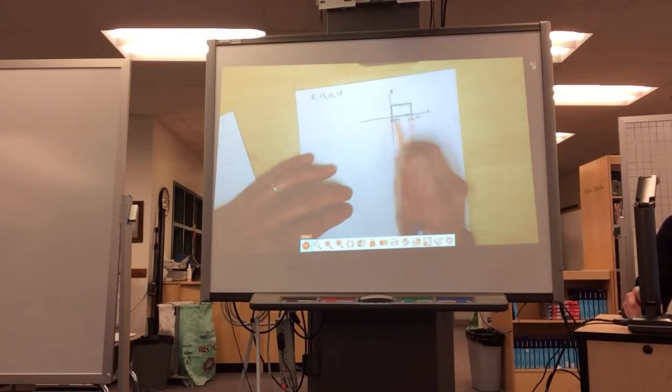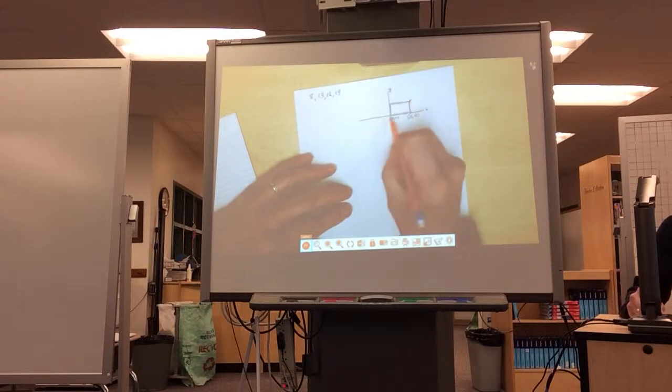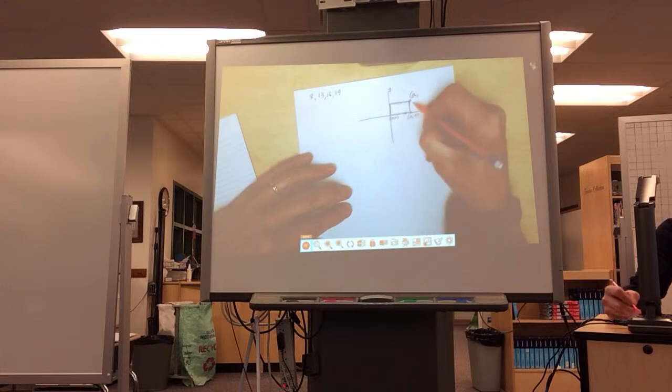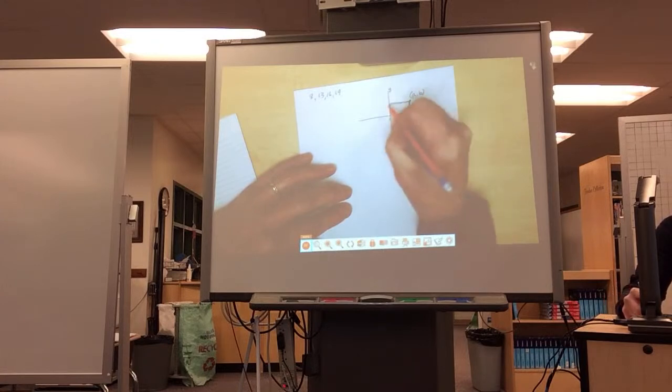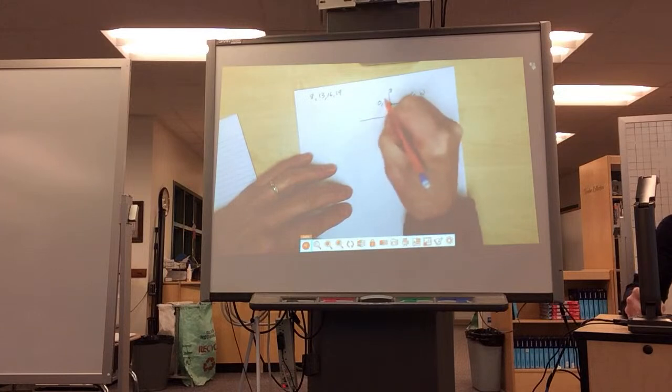Because A is how far across it is, and then 0 is up and down. So then this point up here would be over A and up to B. You called it B. So then that point there has to be 0 left and right, but up B.